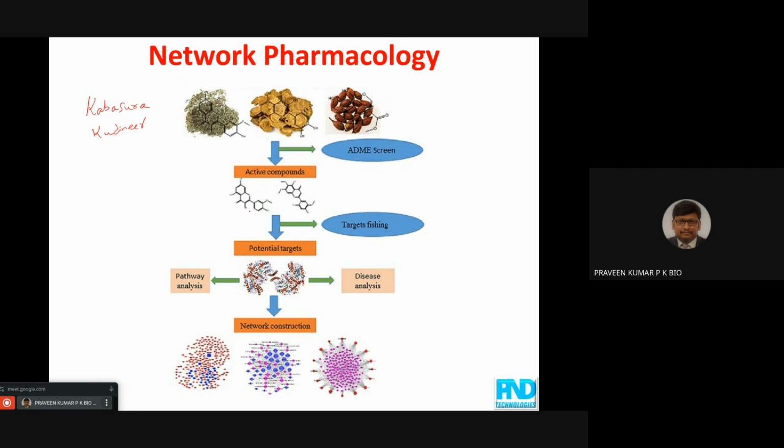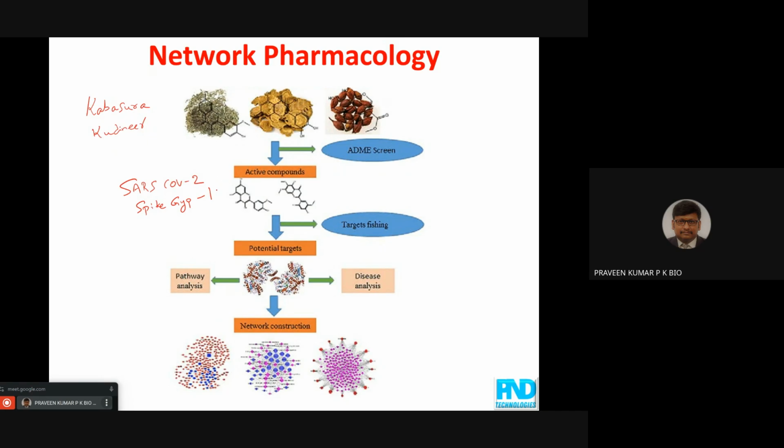So whatever compounds we take, even if you want to check which is the best compound that works on the binding of spike glycoprotein in SARS-CoV-2 infection, the spike glycoprotein is one of the structural proteins.